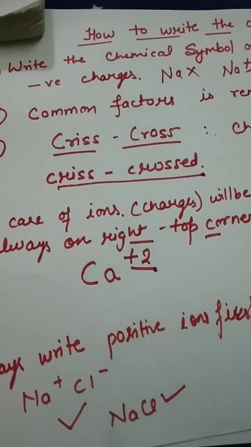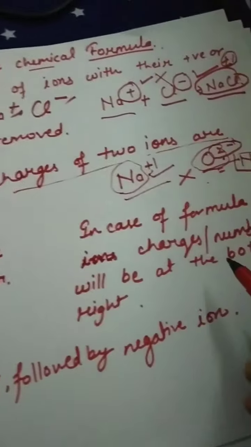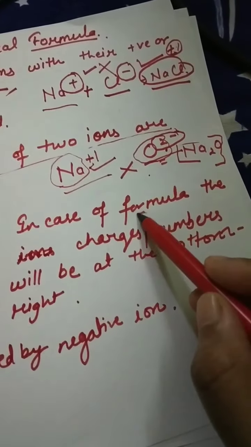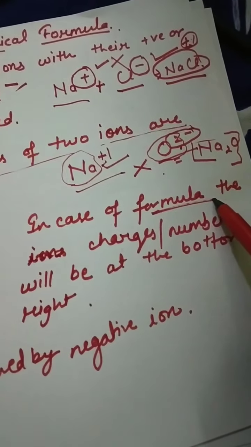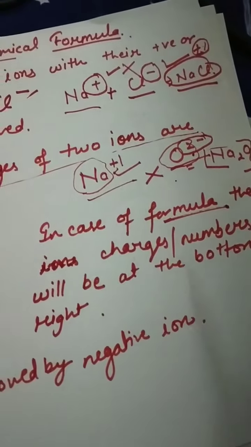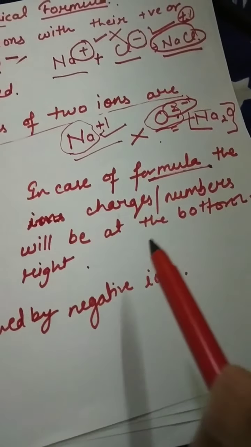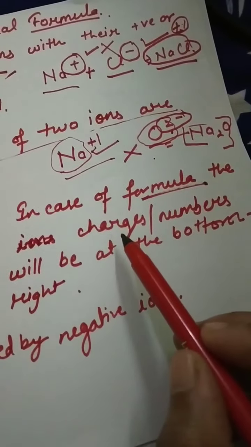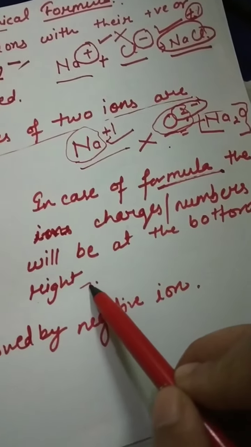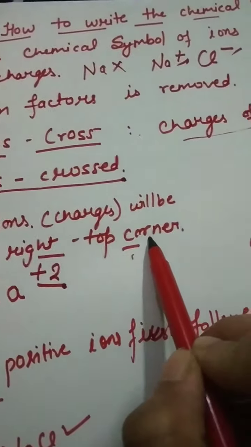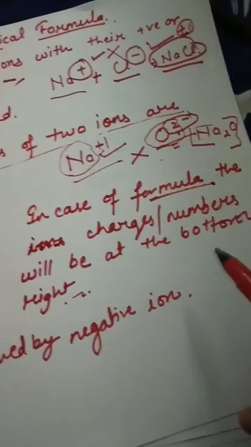And when I have to write the formula, I will always write the numbers at the bottom right. Here the top corner, here the bottom right.